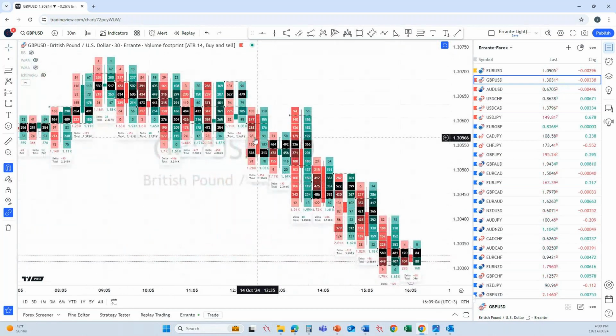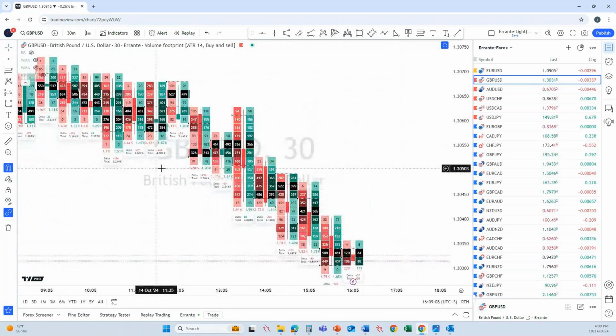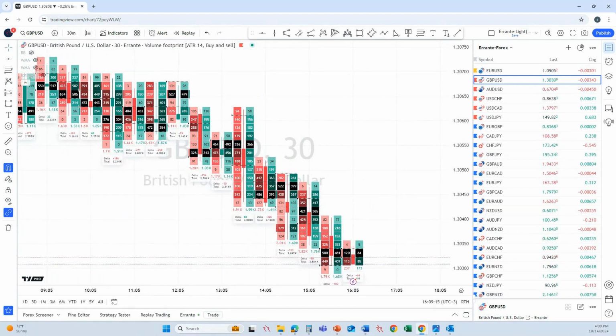The volume footprint helps us identify key price levels that are significant to both buyers and sellers. When large volumes are traded at certain price levels, these areas often act as support or resistance zones sooner or later. And price is likely to bounce off these levels, or if the volume continues to build at these points, price may break through and form a new trend.